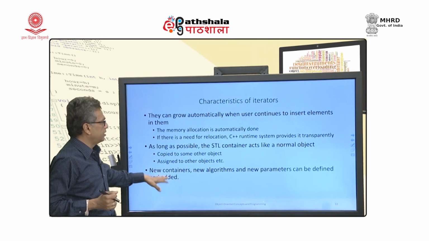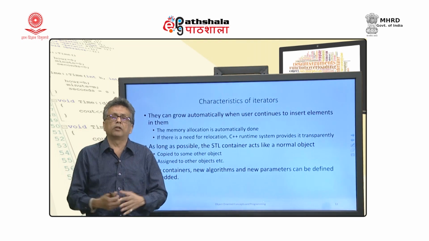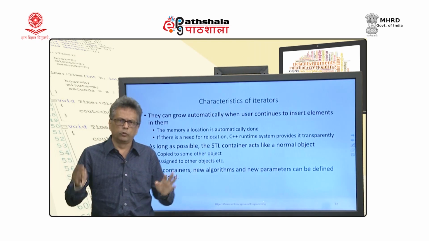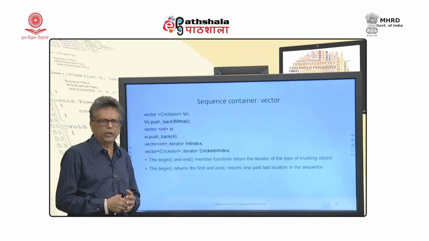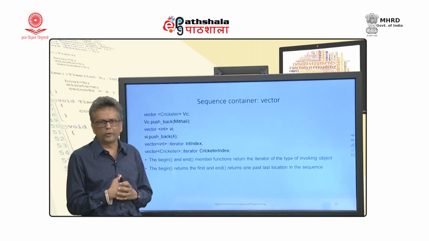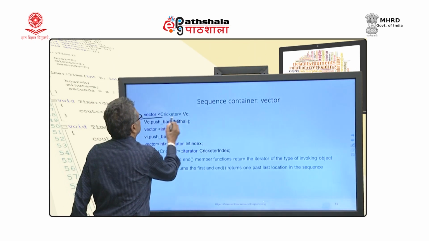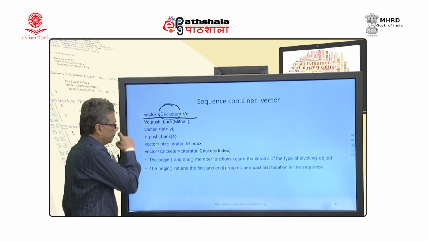New containers, new algorithms, and new parameters. For example, you could devise a new way of allocating memory, it is possible. If you wish, you can do it. We will only look at the first sequence container in this particular module, called vector. We can define a vector like this, and there is a class called cricketer, which I am going to use.